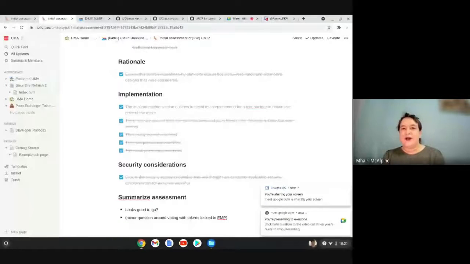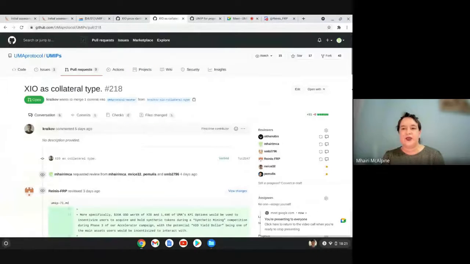Okay, if we go now to 218, this is adding XIO as a collateral type. As far as I could see, there wasn't really any significant issue with this.